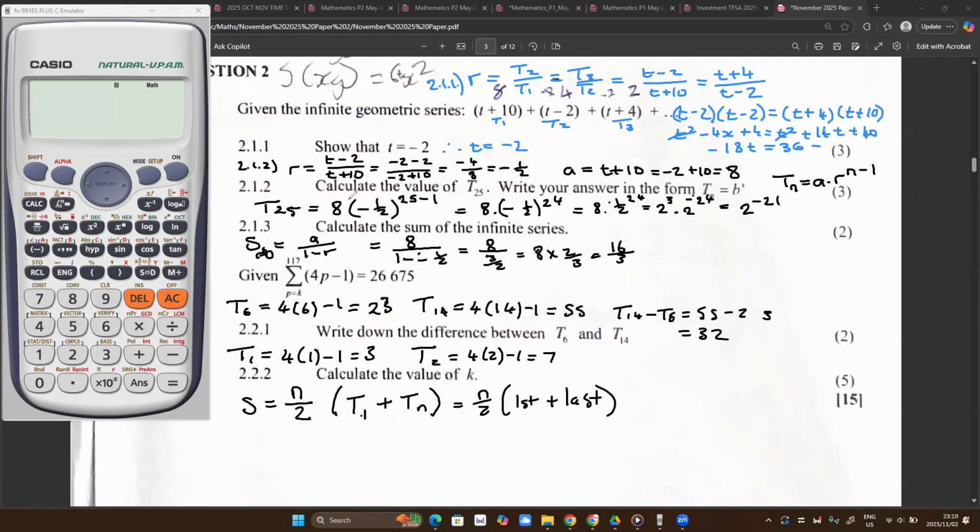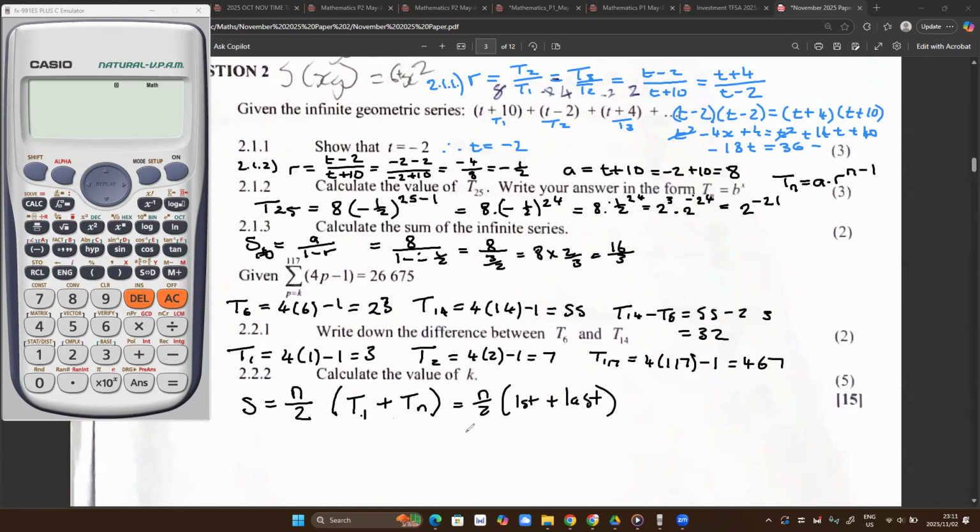So T117 is equal to 4 times 117, and then it's going to be minus 1, and that's going to give us 468 minus 1 is 467. You can check that on your calculator. Pretty sure it's right. If it's not, you guys are going to tell me in the comments, I'm sure.